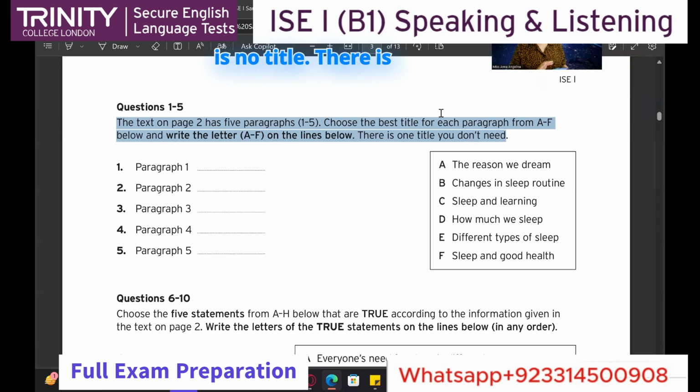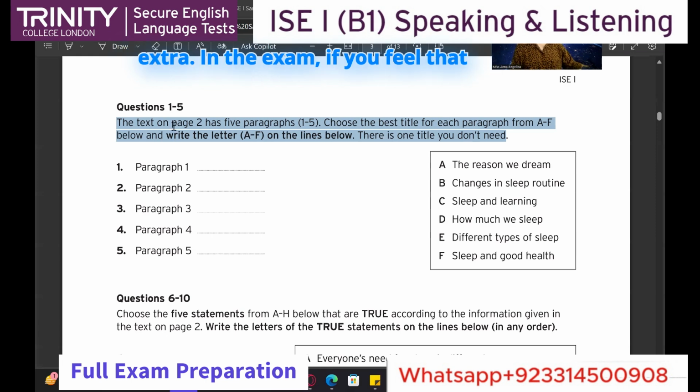There is one title you don't need. So this means that there are 6 statements, A to F, and there are just 5 paragraphs and 1 statement is extra.